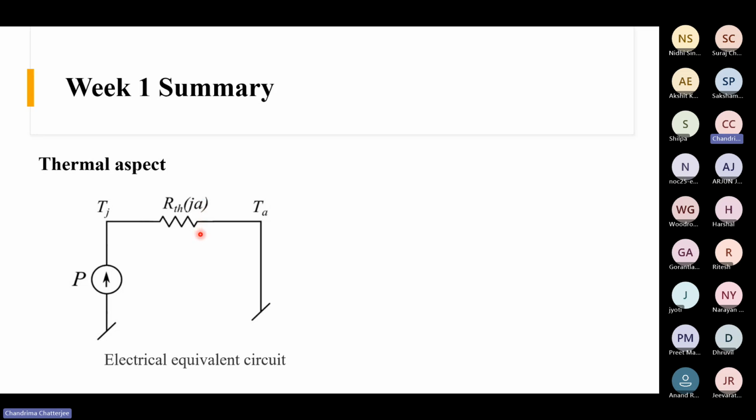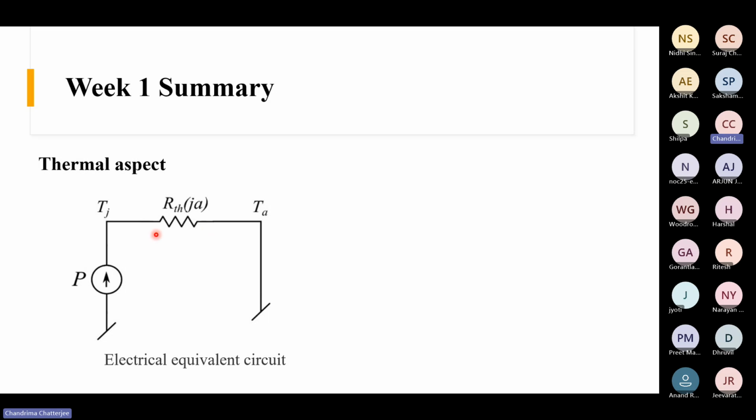The more the power loss, the more the junction temperature. And if you see in the data sheet of a diode, there is some allowable temperature beyond which it can't withstand. If the temperature goes beyond that, the diode will be damaged. So we can't allow it to go beyond that temperature.